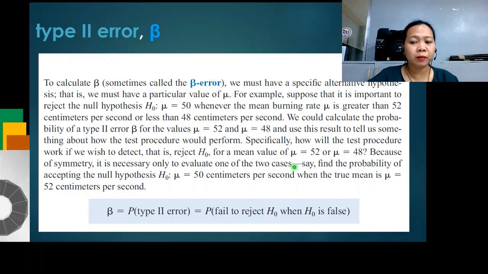Say, find the probability of accepting the null hypothesis H sub 0, mu equals 50 centimeters per second, when the true mean is equal to 52 centimeters. So in equation form, beta is equal to the probability of a type 2 error. It is the probability that we fail to reject the null hypothesis H sub 0 when the null hypothesis is false.